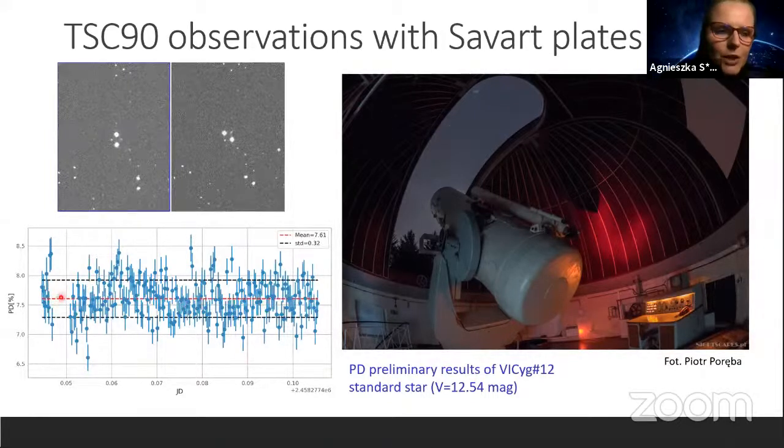For optical polarization, something on the level of 8% is considered high. These are preliminary results in a wide band, and you can already see that we can do decent polarization measurements with this 90 centimeter Schmidt-Cassegrain telescope.